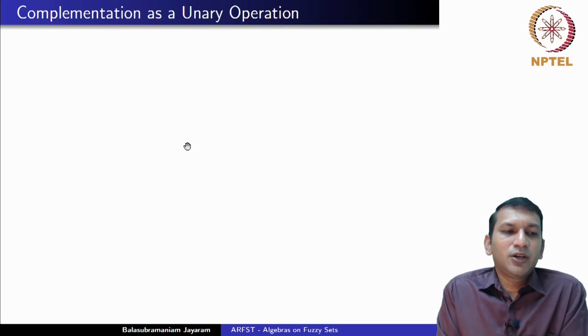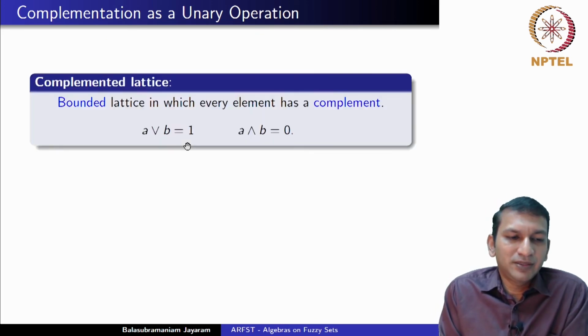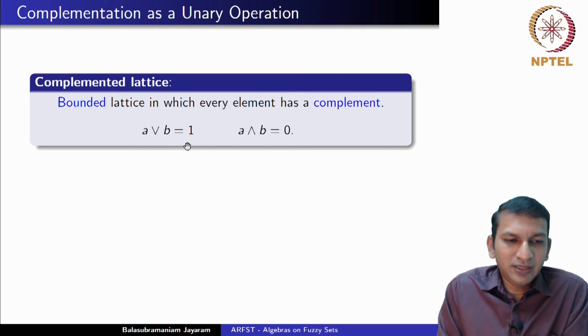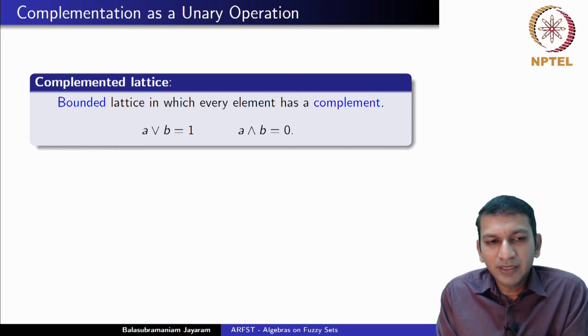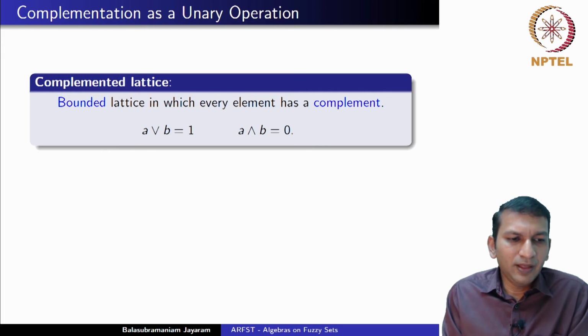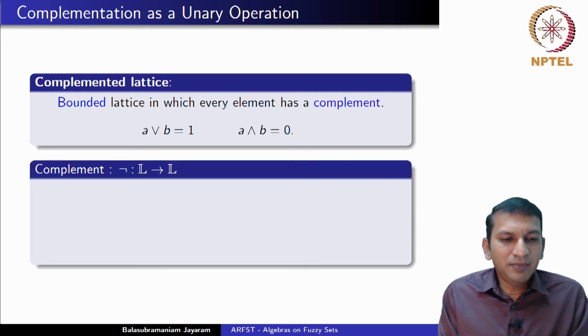Let's look at complementation as a unary operation. What is a complement? So we start with a bounded lattice. For a complement, for any given element A, we only need another element B such that these two identities are valid. Now, that means it takes an element A and maps it to another element B. How does it do that?